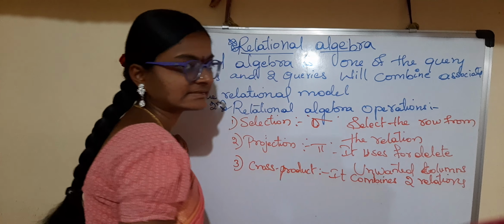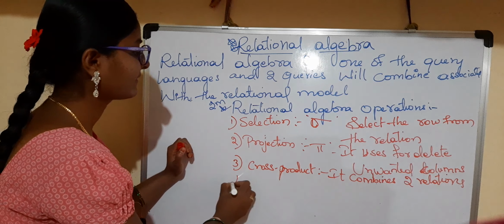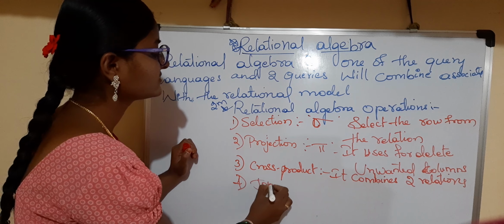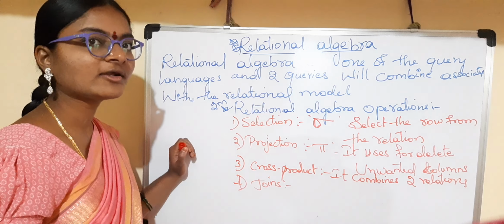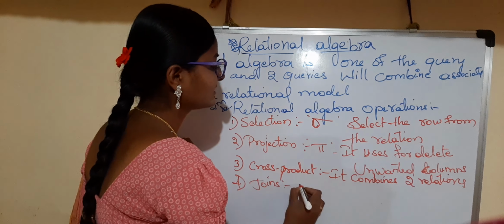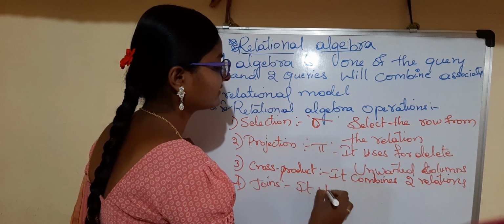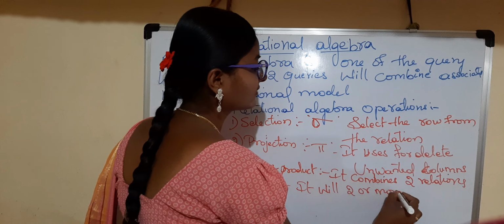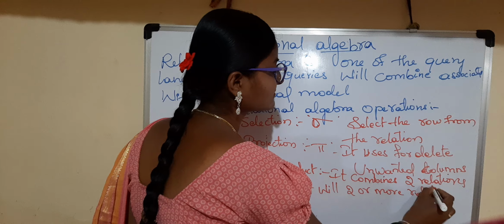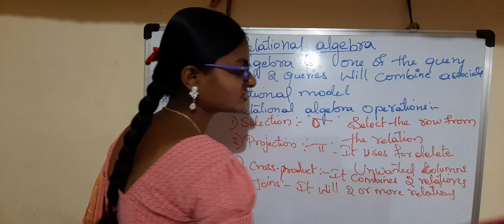Next is joins. Joins is nothing but it will join two or more relations by using the join operation.